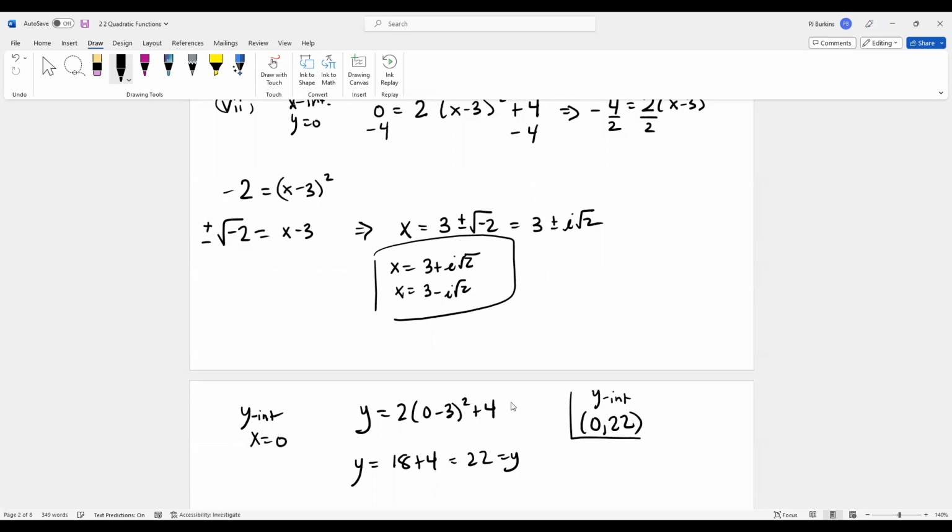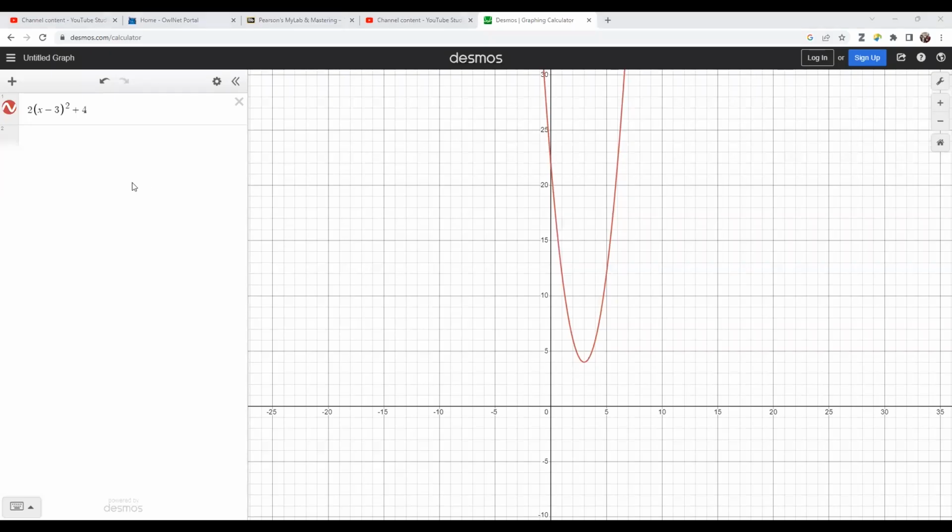Okay. So let's hop on over to Desmos and see if we can make sure that our vertex, our intercepts, all of the things that we found match up with the graph. All right, so I've gone ahead and graphed our function over here. You'll see that our vertex is indeed at (3, 4).